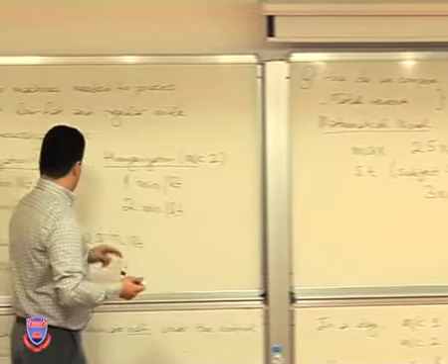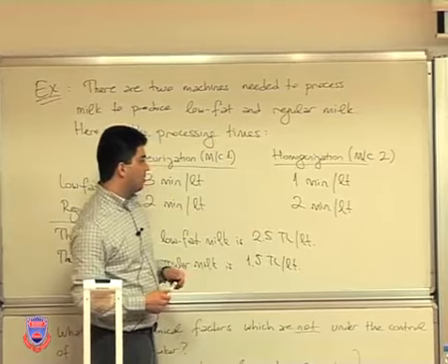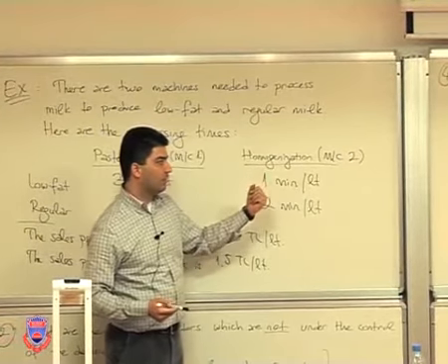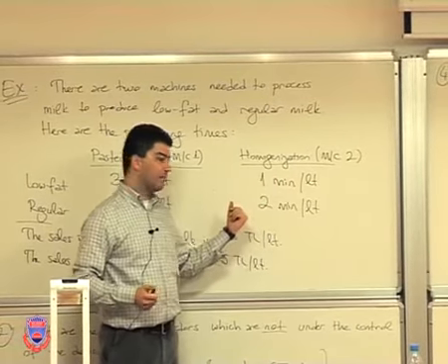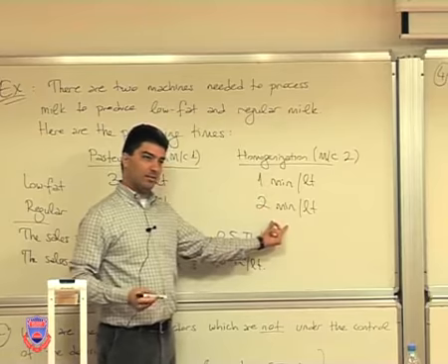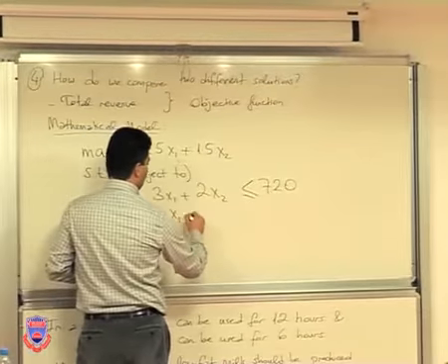So I should do the same thing for machine 2. Okay? So how much time do I need on machine 2 to produce x1 liters of low-fat milk and x2 liters of regular milk? Well, 1 times x1 plus 2 times x2, basically, right? So I can write it as x1 plus 2x2.